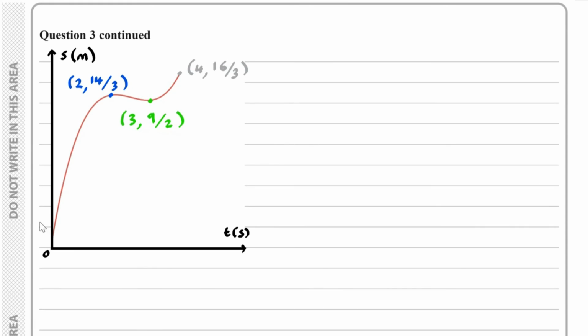Now I need to find the total distance. So for the total distance, well, I have 14 over 3, which takes me to this point here. And then I will add on to this the distance from here to here. Now that distance is the difference between 14 over 3 and 9 over 2.